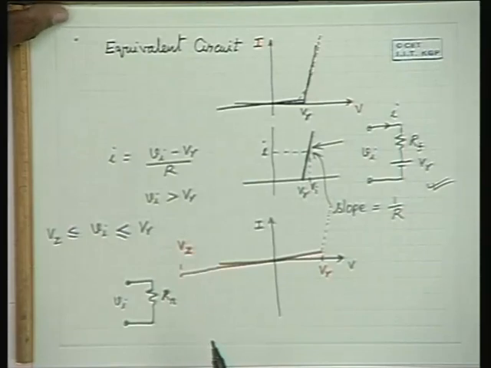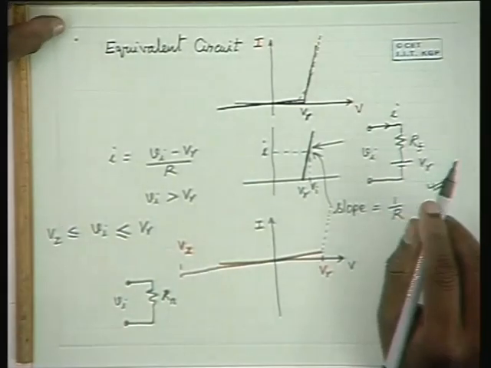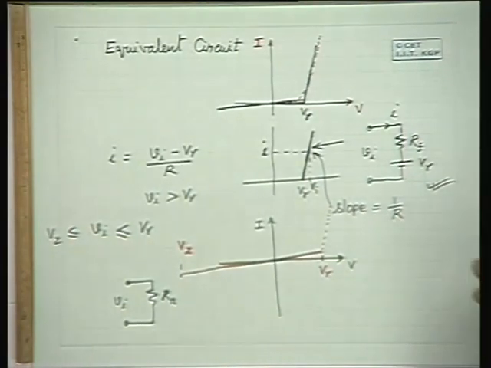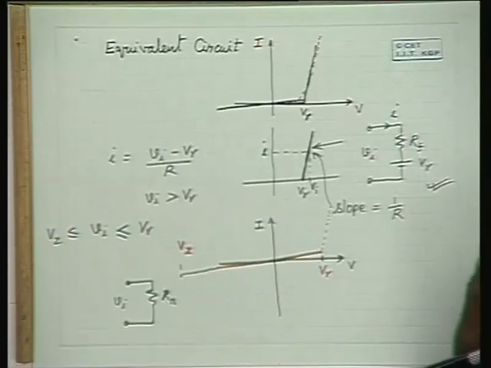Okay. So what we have done now is simply represent a diode by a simple circuit. Well, we don't have a single circuit representing the diode, but depending on the input voltage applied, we have two different circuits that are applicable. This is good enough for most of our analytical and design purposes.